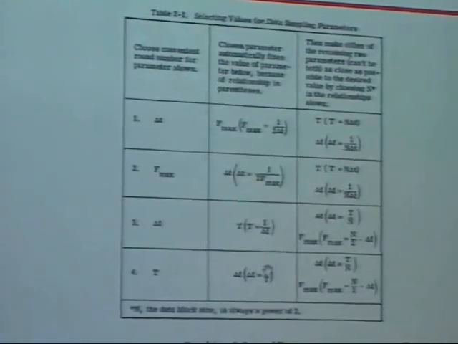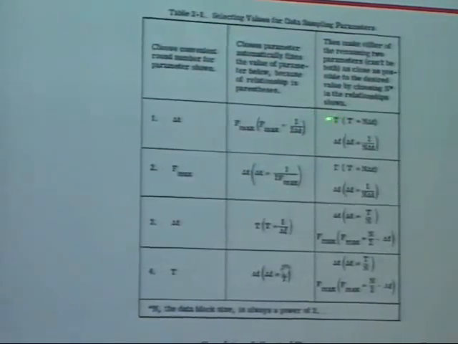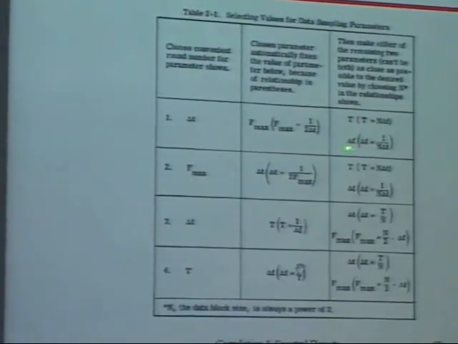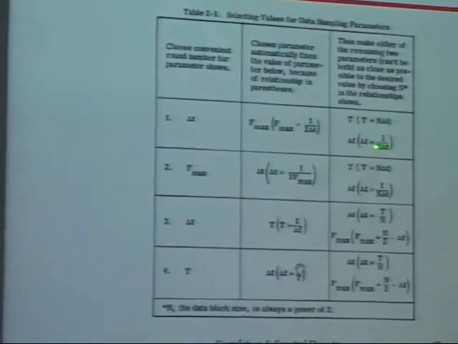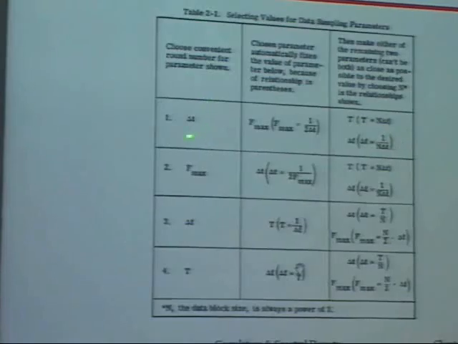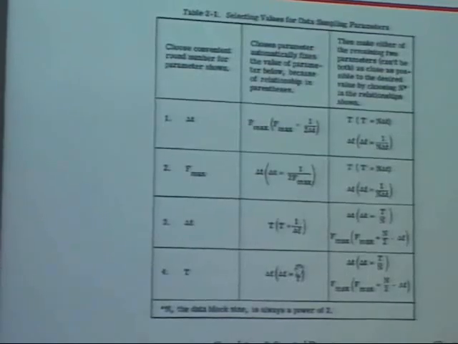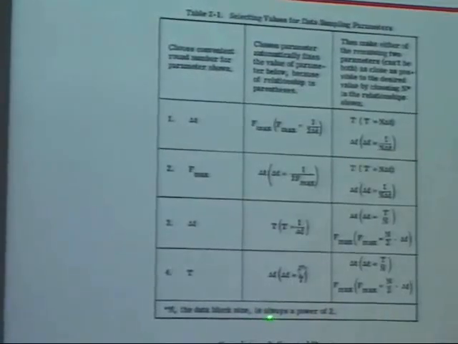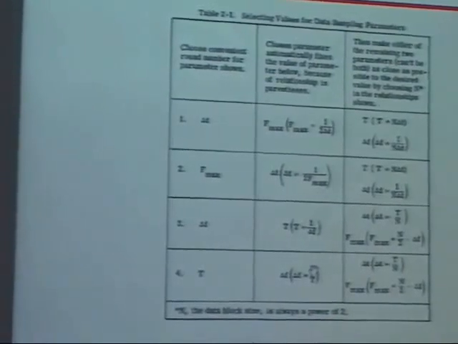Delta t is 1 over the sampling frequency, vice versa. It's related also to T. T is n times delta t. Delta f is 1 over n delta t, because n times delta t is the total time T. These are basic quantities, related by the 4 parameters. This n is the data block size, 2 to the n power, always, because it's on and off business.